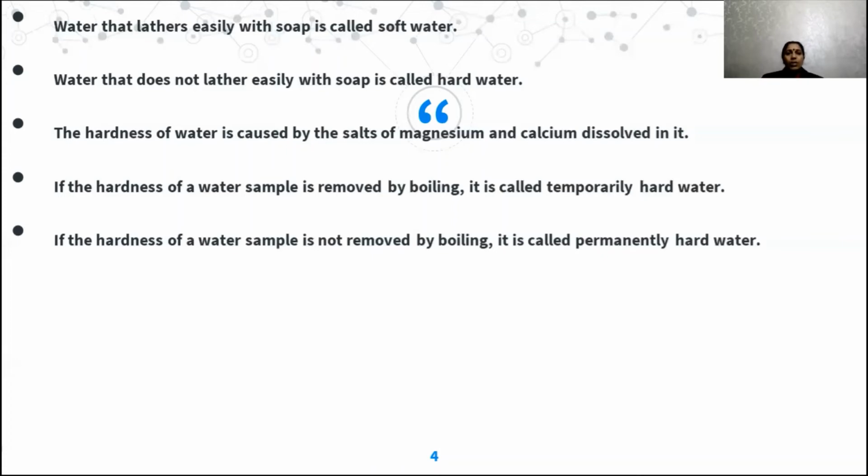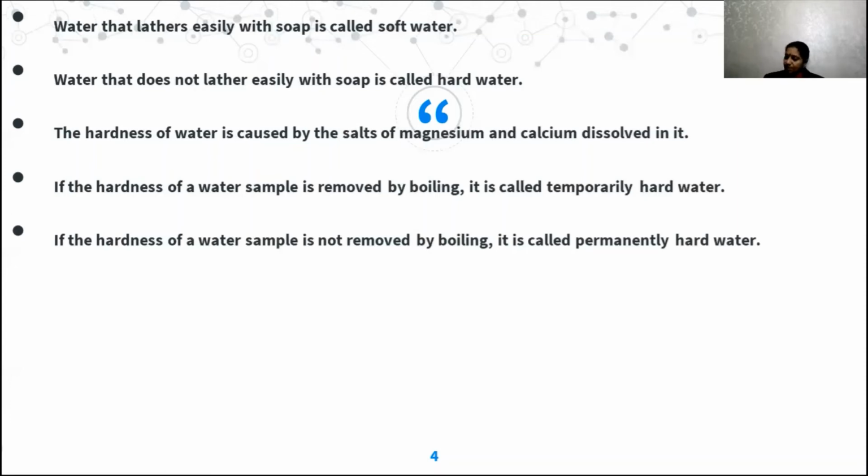So it lathers easily with soap, whereas in other places we can see that it does not lather easily. On that basis, we can identify whether the water is soft water or hard water. Hard water means water that does not lather easily with soap. That's called hard water. So this is the difference between soft water and hard water.